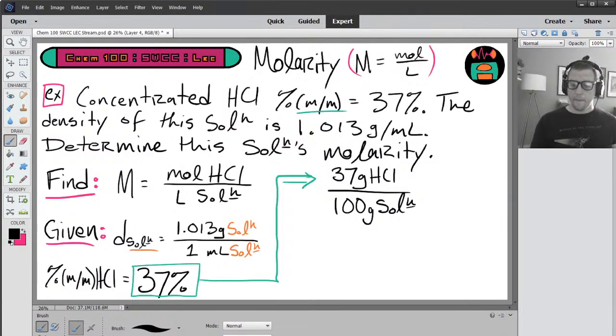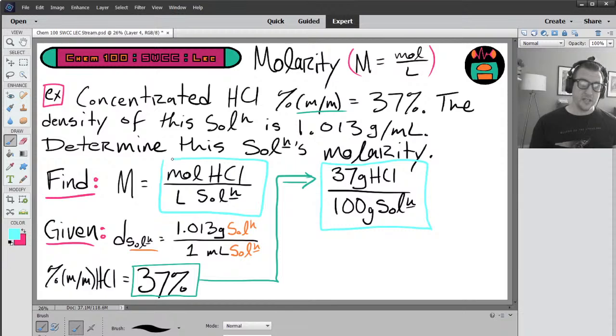And once you compare this ratio to the ratio we're trying to find, you'll see that we actually just need to do 2 unit conversions. We need to convert grams of HCl into moles. You got to convert grams of HCl to moles.